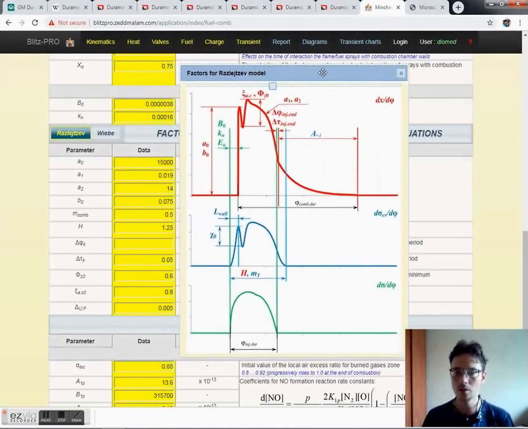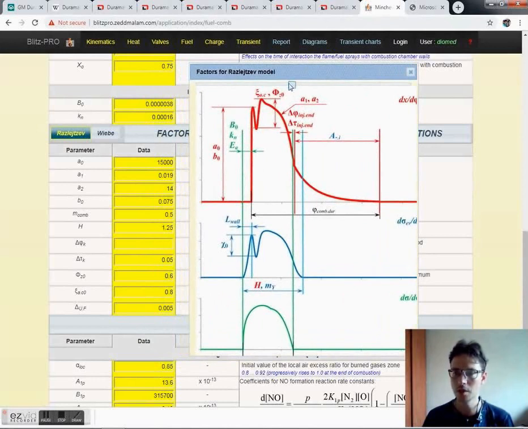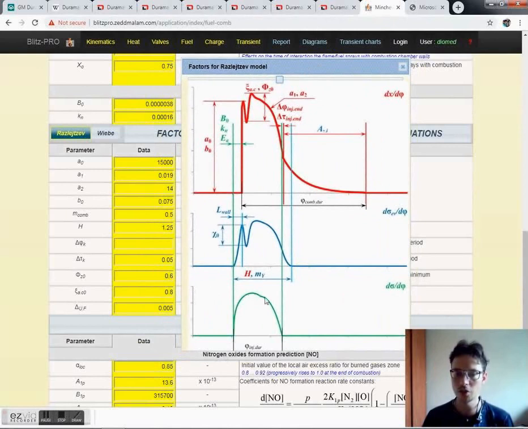We can use this picture, which helps to understand how fuel injection, fuel evaporation, and fuel combustion are connected together in the relative combustion model, and then use it to set up the combustion.